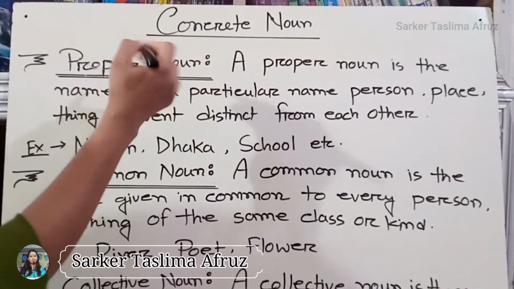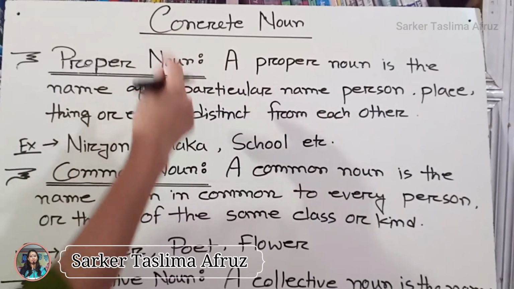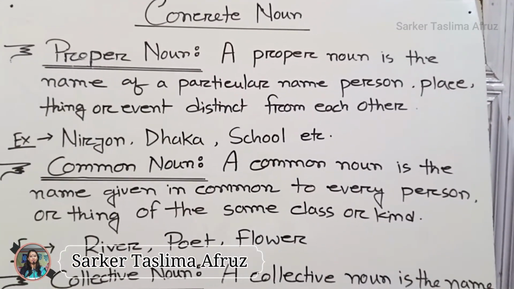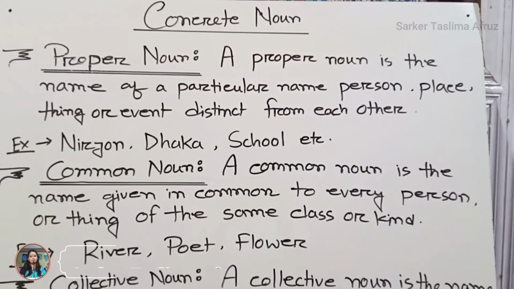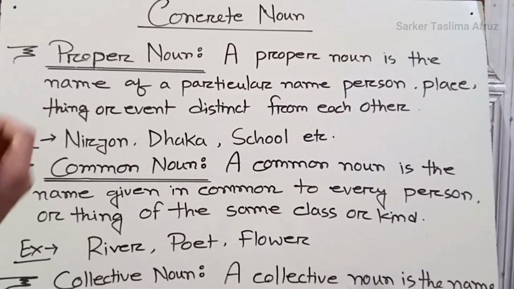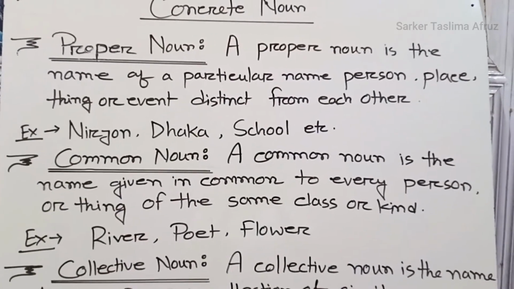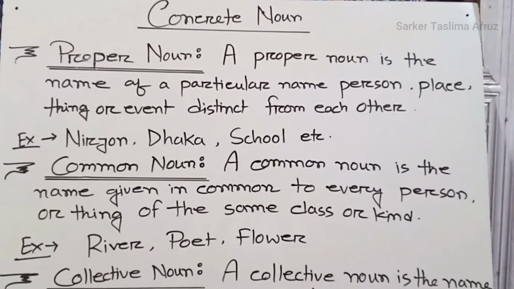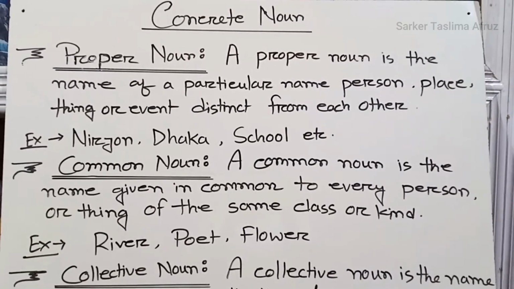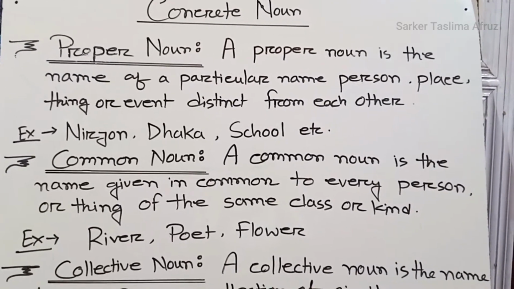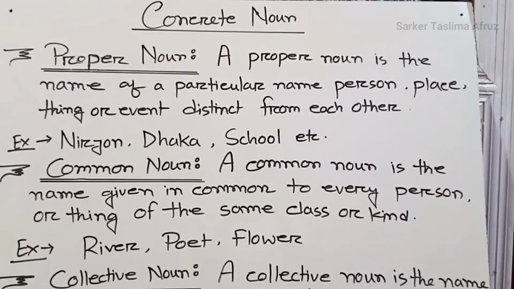Well learner, as I talked earlier, now I would like to talk about concrete noun. As I said earlier, concrete nouns are divided into four types. First one is proper noun, next common noun, collective noun and material noun. Now I would like to move on to the first part of concrete noun, which is of course proper noun.